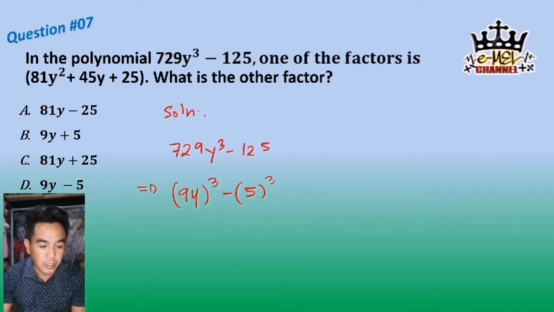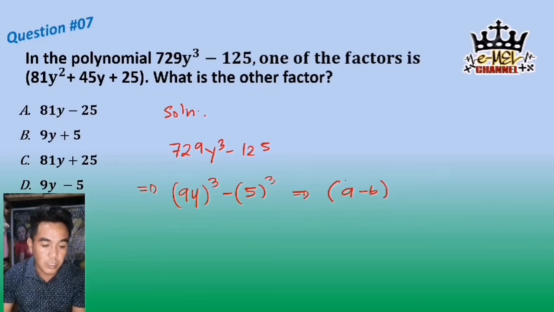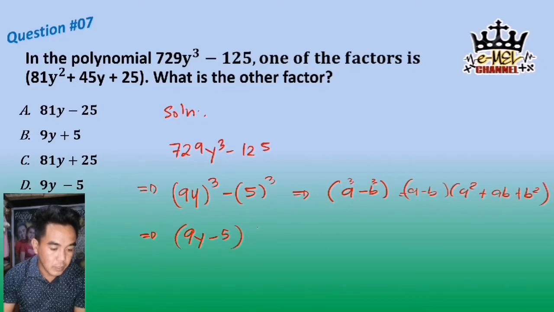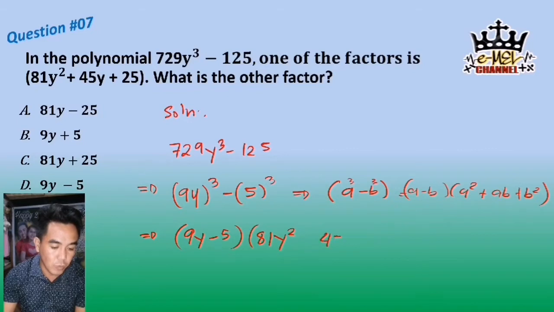So therefore, considering our idea that a cubed minus b cubed is equal to a minus b times a squared plus ab plus b squared, we have 9y minus 5. 9y itself, that is 81y squared. 9y times 5, that is 45y.